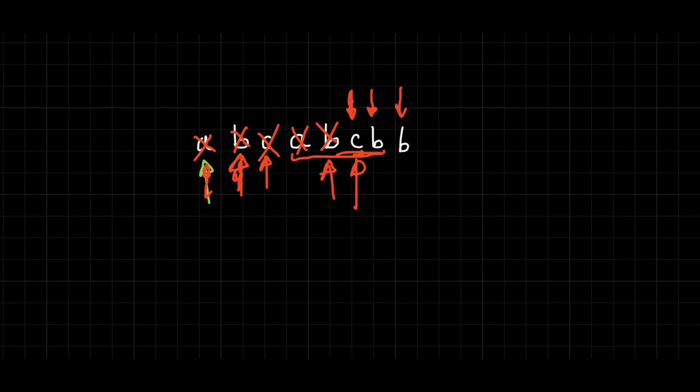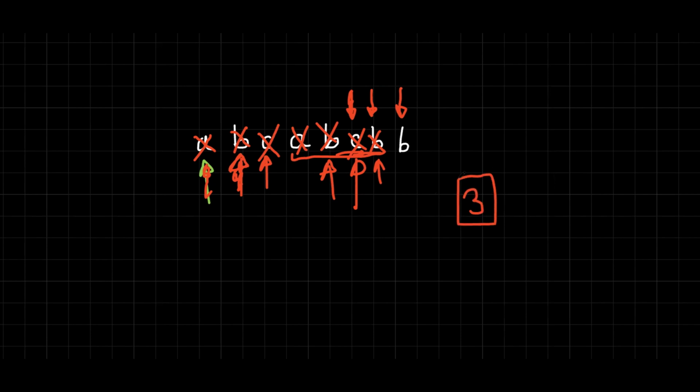So we shift our left pointer to this B as well. Now this substring C, B, B contains a duplicate B, so we have to discard it, and discard this B as well. So after completing the iteration, the maximum length of non-repeating characters is 3.